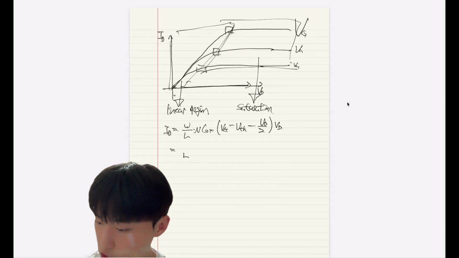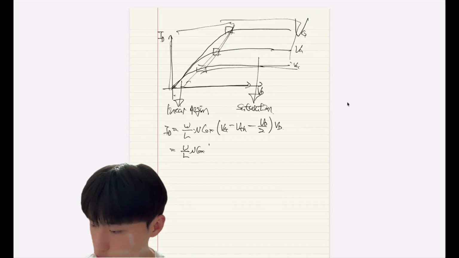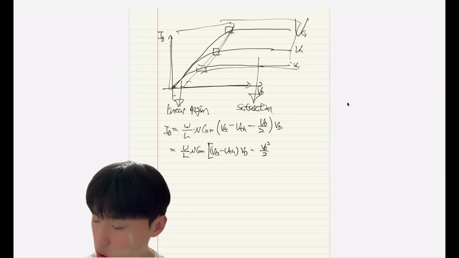We can say W over L mu C ox, Vg minus Vth, Vd, minus Vd square over 2.